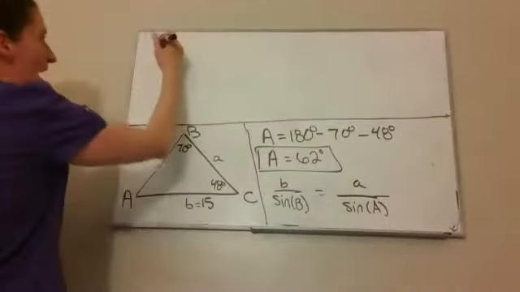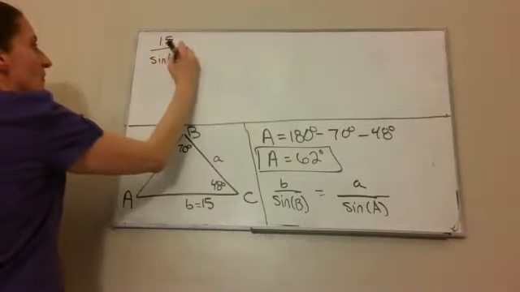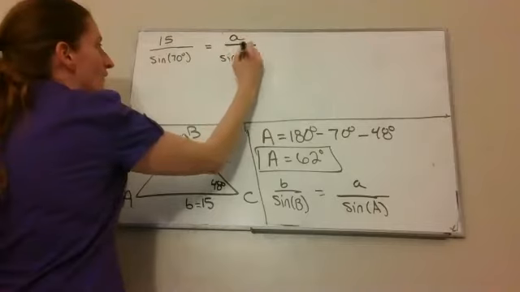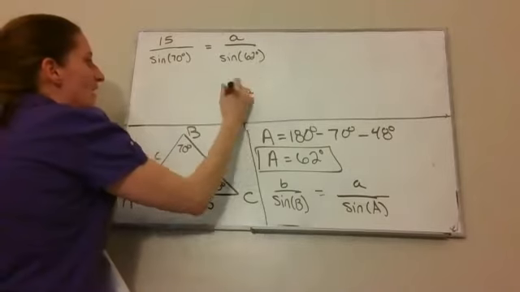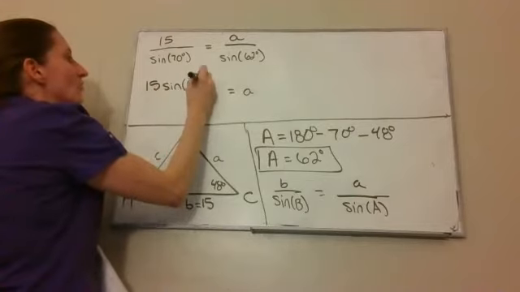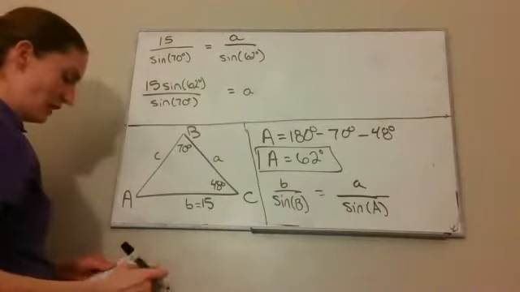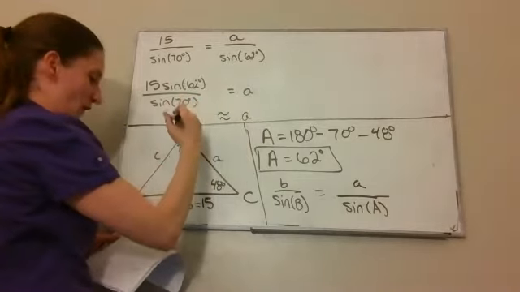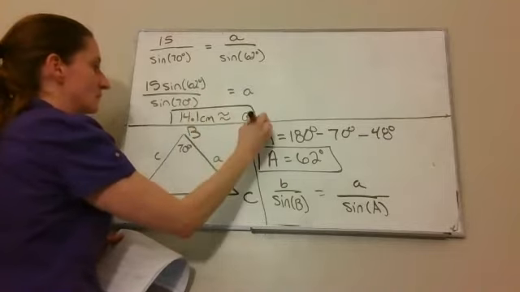So I have 15 over sine of 70 degrees is equal to little a over sine of 62 degrees. This means that little a is equal to 15 times sine of 62 degrees divided by sine of 70 degrees. If I type that into my calculator and round to one decimal place, I get that a is approximately 14.1 centimeters.